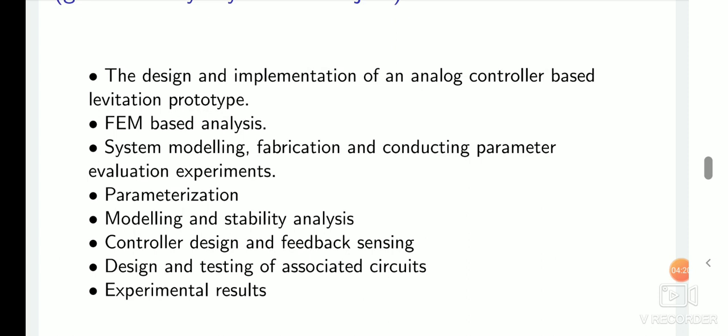From the inductance plot we take one possible point where stable levitation is possible, and at that point we linearize the model using Taylor series expansion. Then taking the Laplace transform, we convert from the t domain to the s domain and get the transfer function. The seventh point is stability analysis, because the system has one unstable pole at the right side of the s plane. And then modeling is completed.